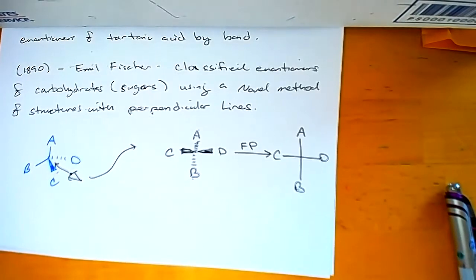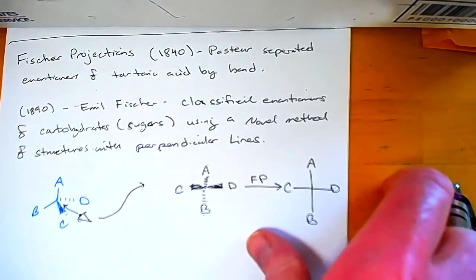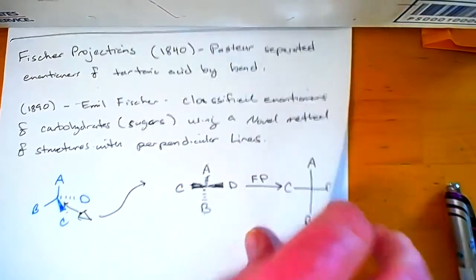Now, these are used, like I said, a lot in biochemistry to represent carbohydrates, and I want to mention a couple of examples right now. We're not going to get too overboard in this because you're going to see this a lot in biochem, but let's go ahead and look at tartaric acid.